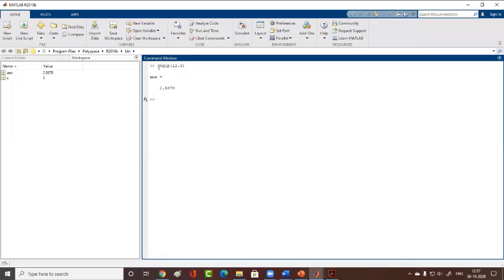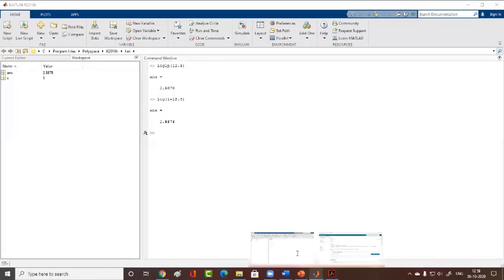So this value is log of 1 plus 12.3. They both are the same. Instead of writing log of 1 plus x, we can simply use log1p. Very easy, both are the same. You may use any one, no problem in our programming.